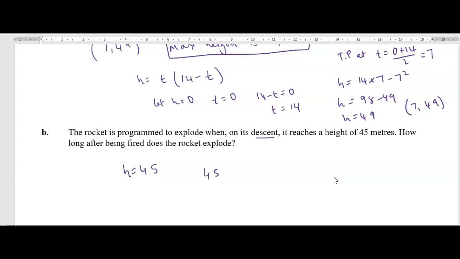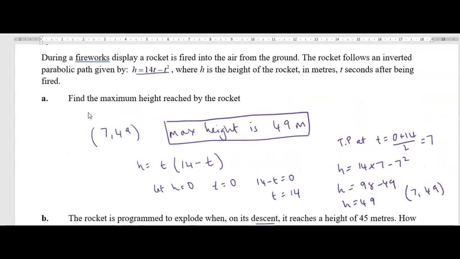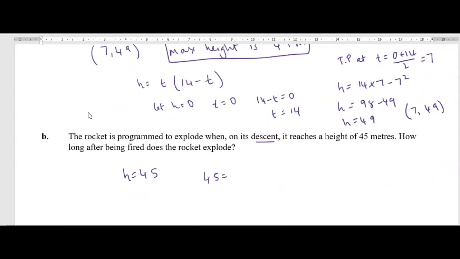So 45 equals t(14 minus t). Oh, sorry, let me just go back. The expanded form is better. What was it? 14t minus t squared.